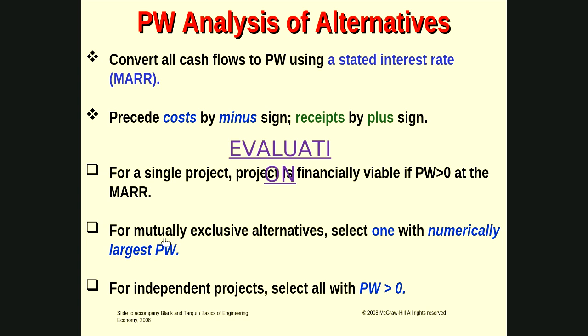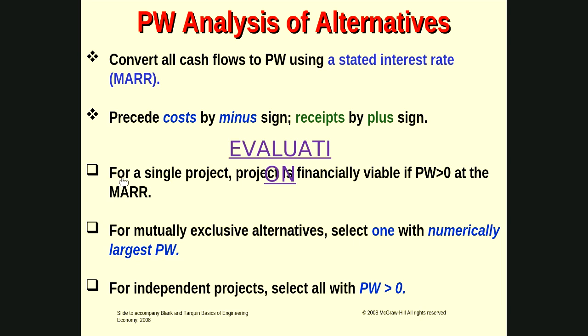The analysis of the alternatives. The main point here for me is that the cost is in minus and the revenue in plus, but the most important information is how a single project is evaluated, which is the third point from the top. I don't know why the PowerPoint is showing this purple evaluation here; I think when you open the original file it doesn't show that, but it's from the Blackboard.